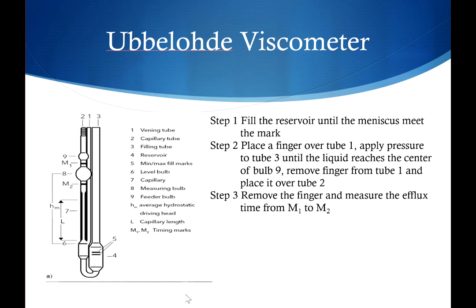Our step 2 is to place a finger over tube 1, apply pressure to tube 3 with a blower, and let the liquid reach the center of bulb 9.